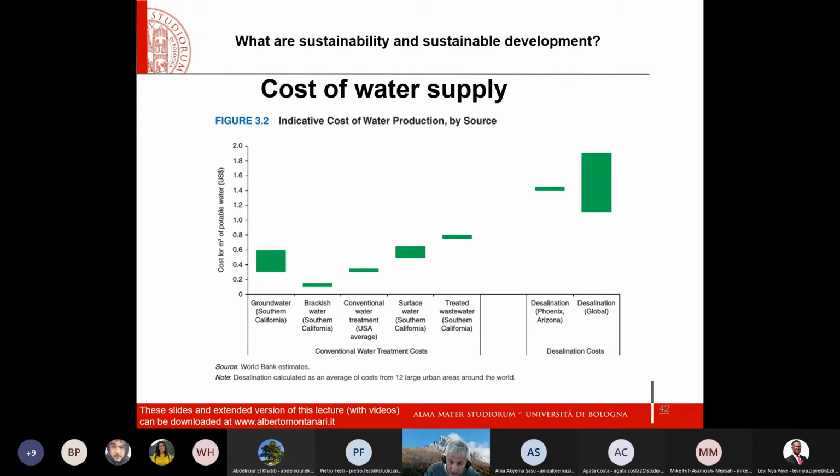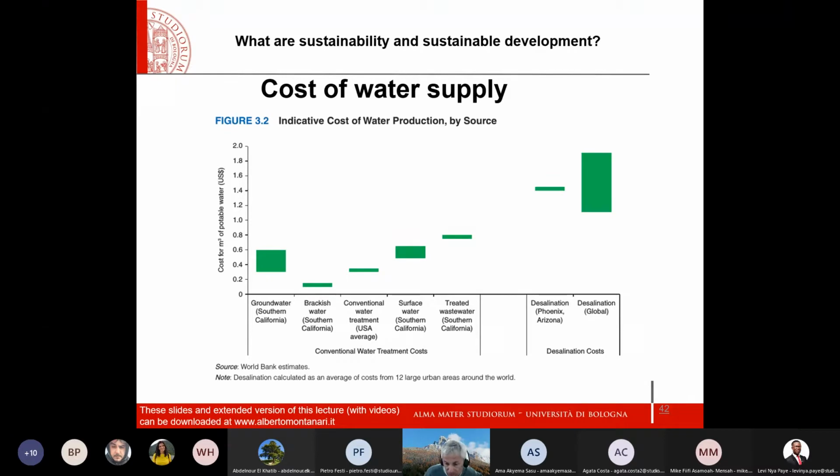The volume that we can take by treating wastewater in most of the countries is only a tiny fraction of the total water demand, which means that besides being costly, it's an intervention that is usually not very efficient, let me say. Also, keep in mind that you have byproducts by treating wastewater, which are muds, sludges, and the displacement of these byproducts is another problem.